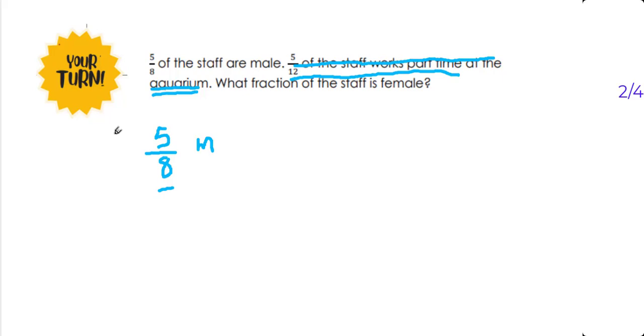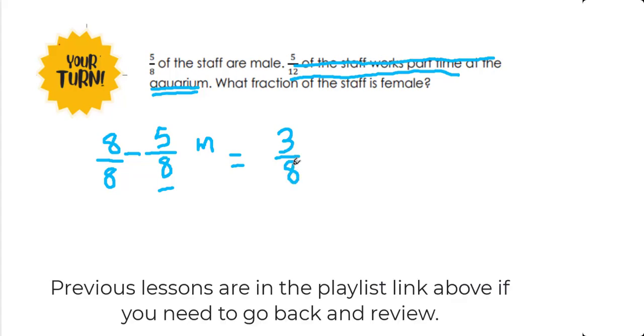So that means all of my staff altogether is 8/8. I'm subtracting 5/8, that's the males. I'm subtracting them out. And what do I have left? I have 3/8 left. That means 3/8 of the staff is female.